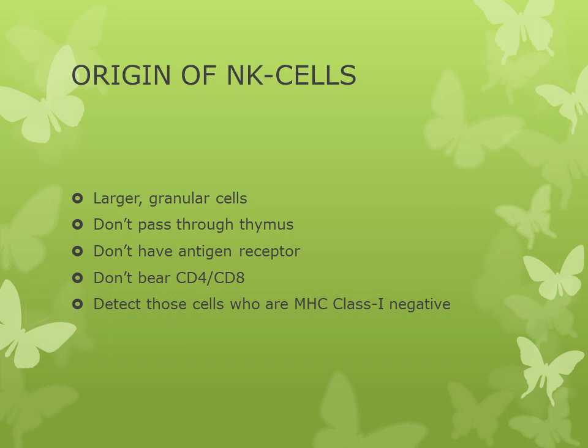The detection process is effective because many cells lose their ability to synthesize class 1 MHC after they have been infected by a virus. So natural killer cells are typically important regarding viral infections.